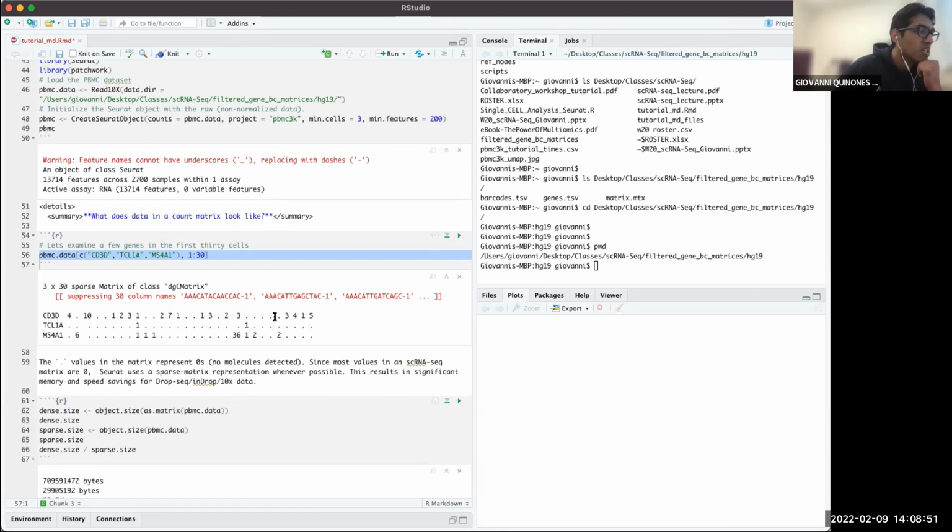And once again, you can appreciate the fact that in this case, just for printing purposes, just for you to view this matrix, they replace the 0 with a dot. Actually these genes were selected intentionally because it's known they are expressed in a good number of cells. If you were to select other genes, you would likely see a bigger density of zeros.